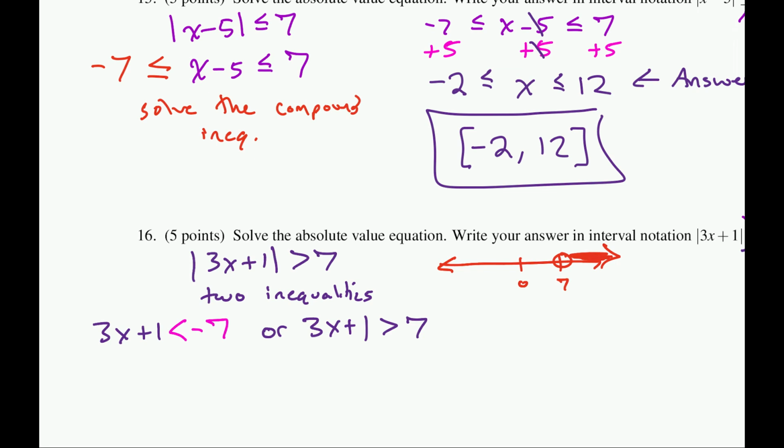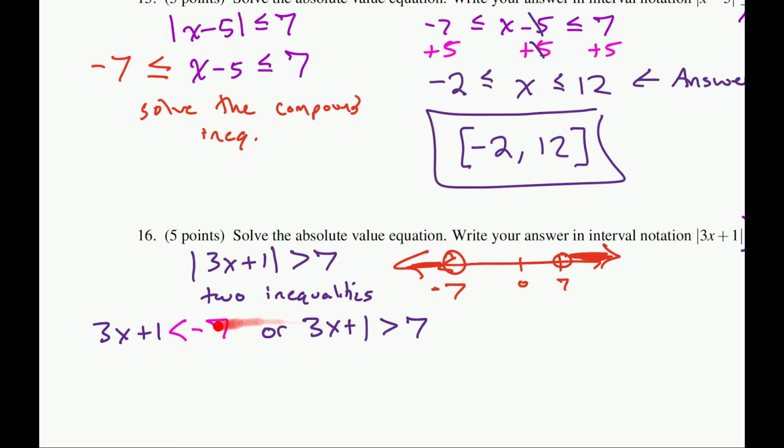What that means is anything over here would be greater than 7, but anything way over here, like negative 10, after you absolute value it would also be greater than 7. So you get like a mirror image over here that goes the other way. So if this is a solution, this is also a solution. And that is why you have this greater than 7, less than negative 7 thing going on.